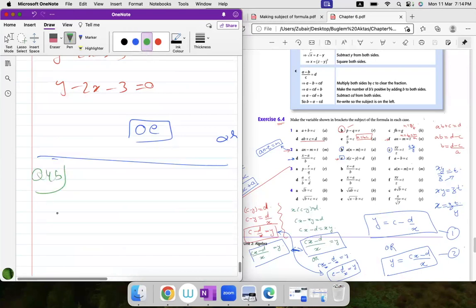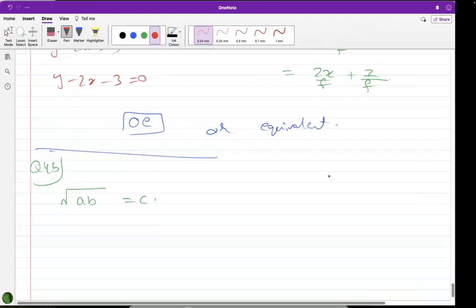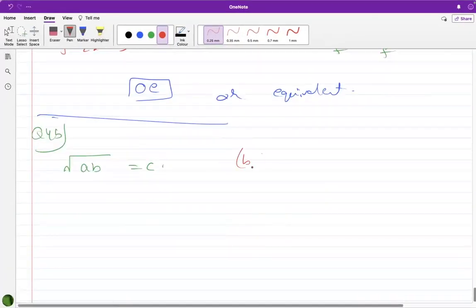Question 4, part B says square root of AB is equal to C. Now we have to make B the subject. I have to make B alone. That would mean to get rid of this root, I have to square it on both sides. Now I get AB is equal to C squared.